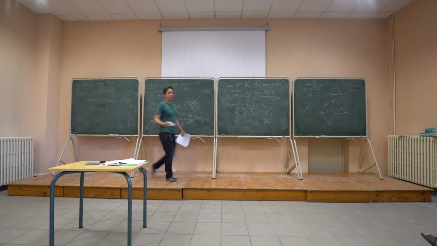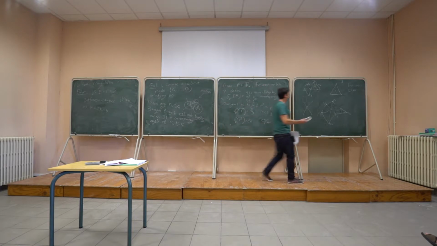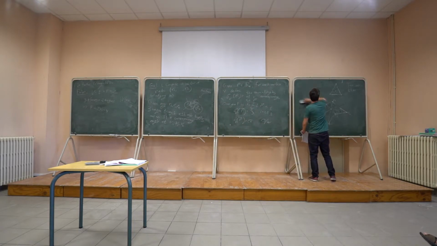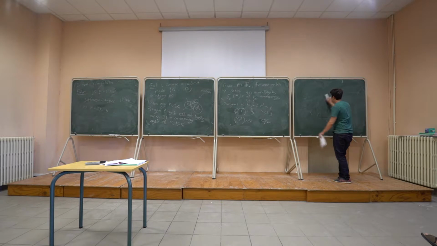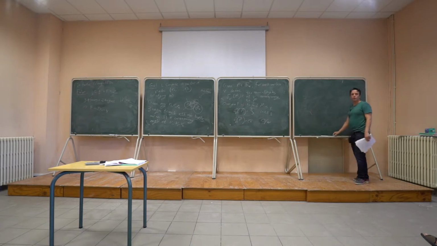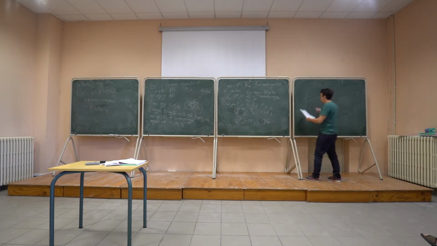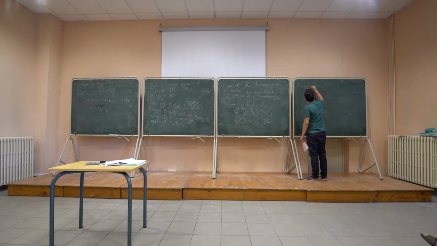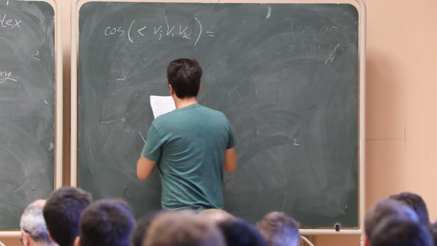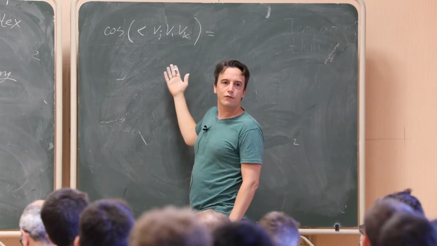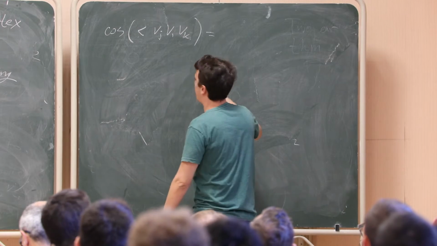I worked very hard to figure out this formula with my high school notebooks. It's just the cosine formula. If you know the lengths of the edges of a triangle, you know the cosine of the angle of Vj, Vi, Vk, and you don't even have to write it, we will not use this formula.